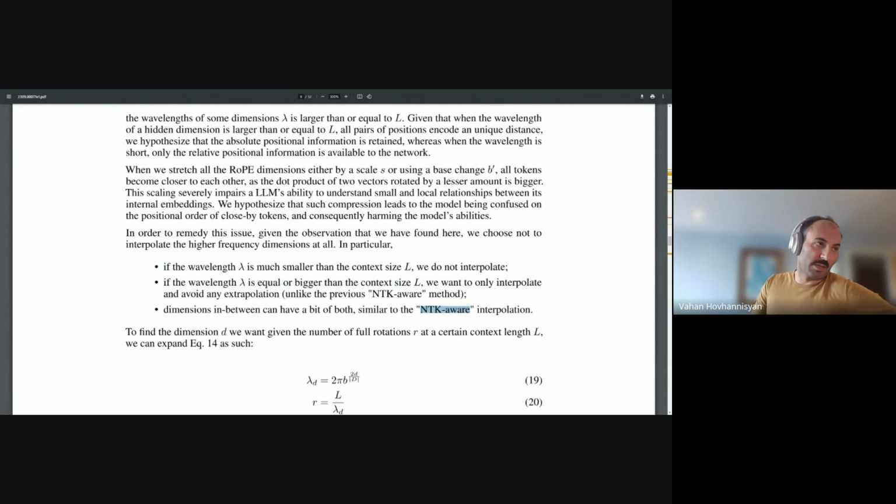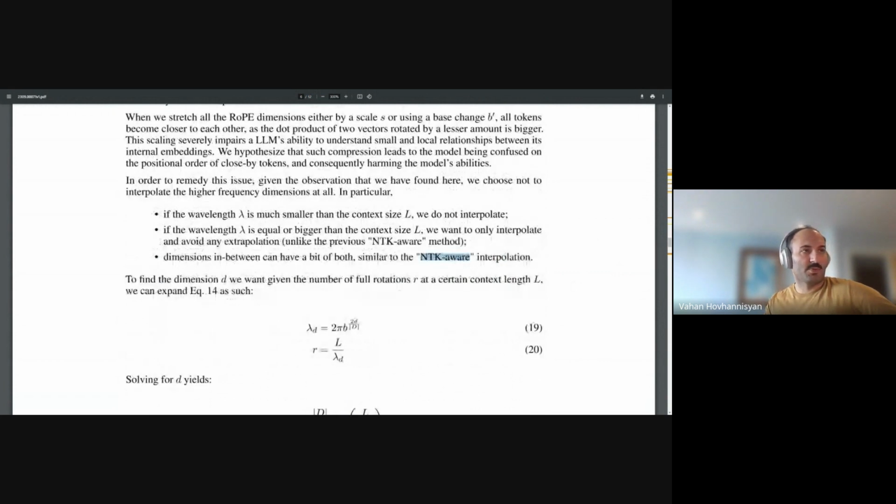They call it dynamic interpolation. Sometimes you extrapolate beyond the wavelength, but you only do that if the wavelength is larger than the context, right? Otherwise, there is no need to do that.